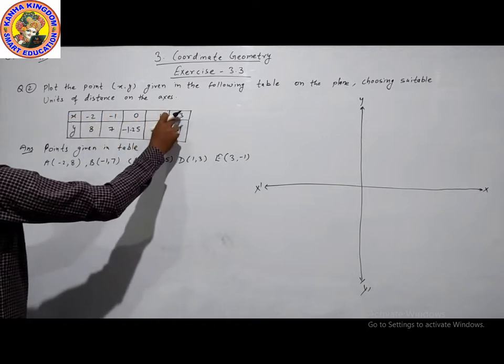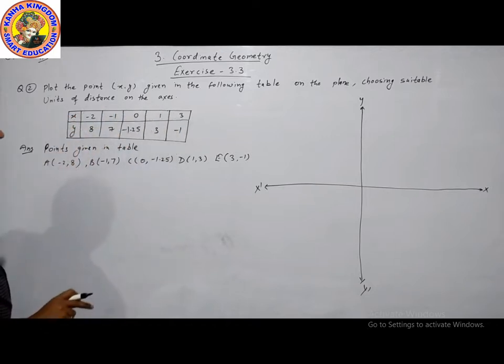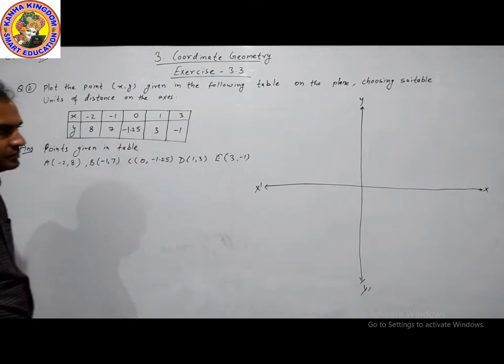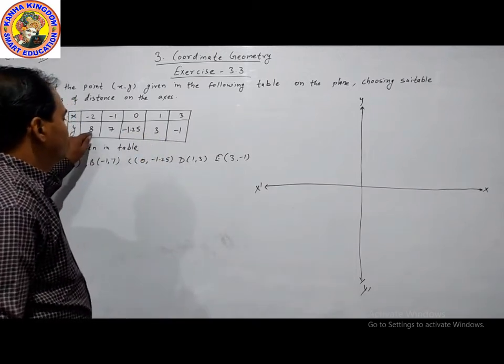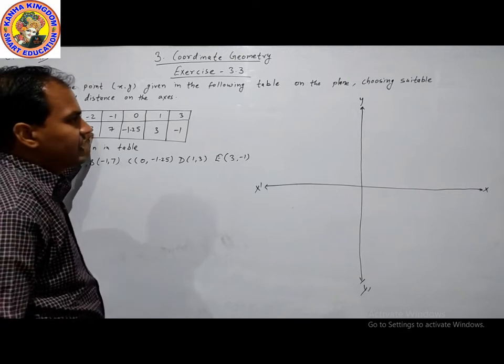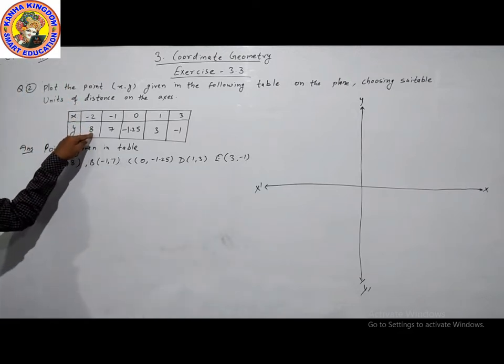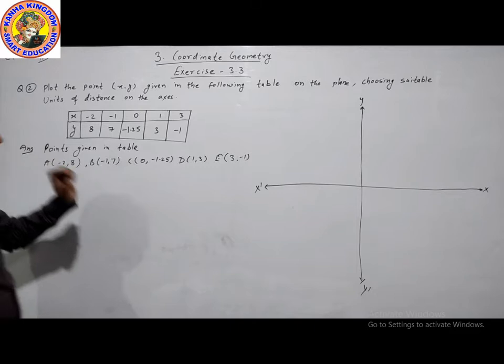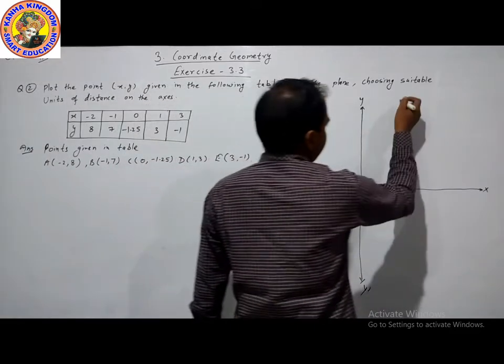X is 3 and -2, y is 8 and -1. So we have to denote 8. So we will take 1 centimeter equal to 1 unit. Here are the 8 units. We will denote 8 centimeters. So first of all, scale.